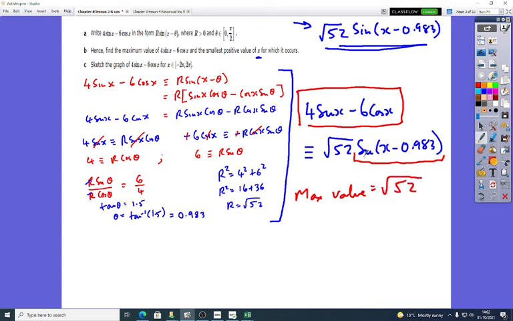And that will occur when sine(x minus 0.983) is equal to 1. So you could shift that to the other side. So x minus 0.983 would equal sine inverse of 1, which is 90 degrees or pi over 2.